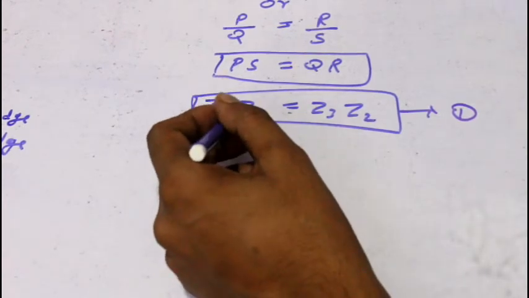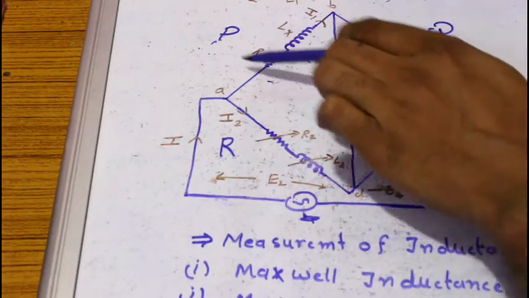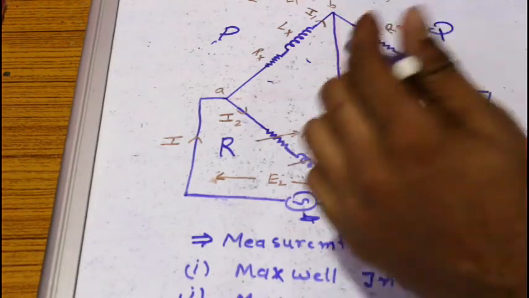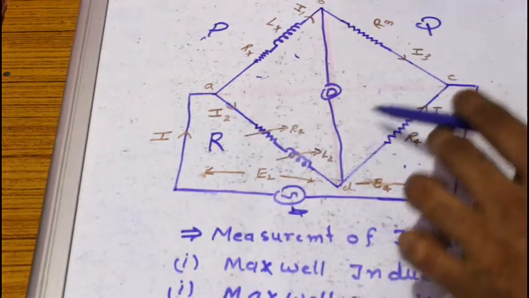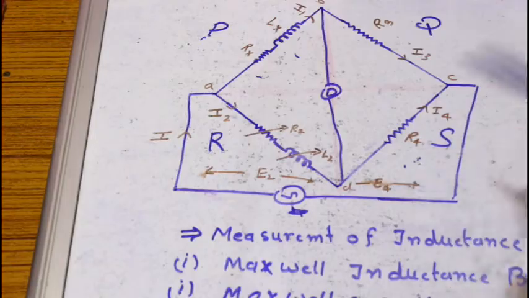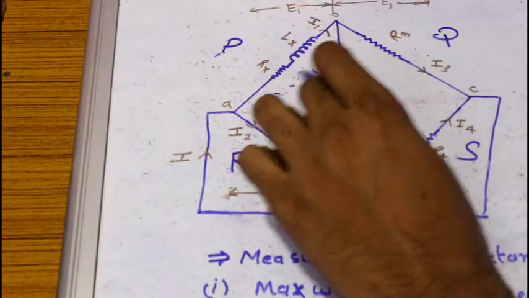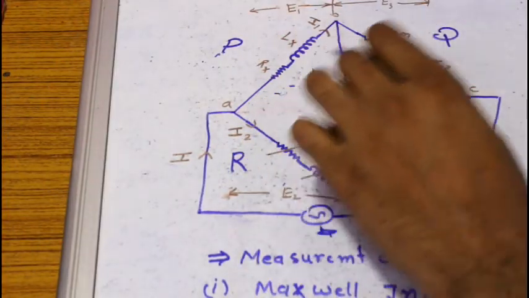Here Z1 is equal to this one, Z2 is equal to this one, Z3 is equal to this one, and Z4 is equal to this one. Now put these values in this equation.